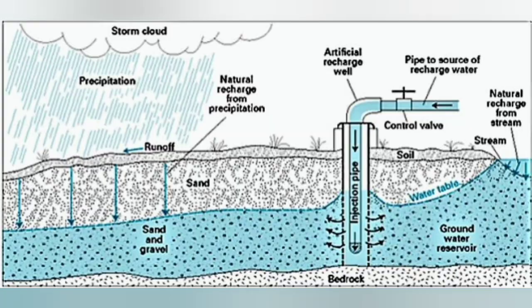Why do we focus on this artificial recharge? Because artificial recharge is used to enhance the sustainable yield in areas where overdevelopment has depleted the aquifer, and also in the conservation and storage of excess surface water for future requirements, since these requirements often change with the season or period.